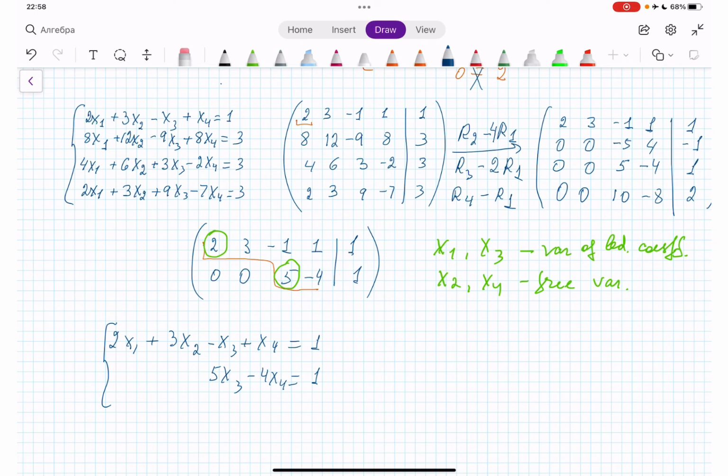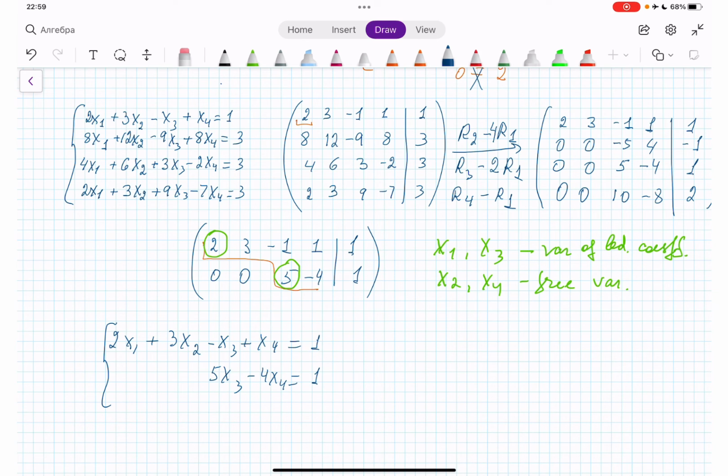We call them free because we can give them any value, but x1 and x3 are leading ones. We cannot assign them any arbitrary numbers. Therefore, we are going to express x1 and x3 through x2 and x4.